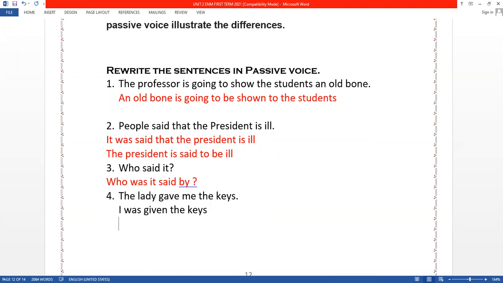Or you can say the keys were given to me. If you are asked to start with me or with the keys: I was given the keys; the keys were given to me.